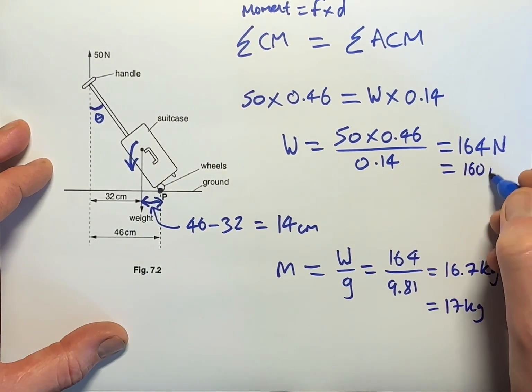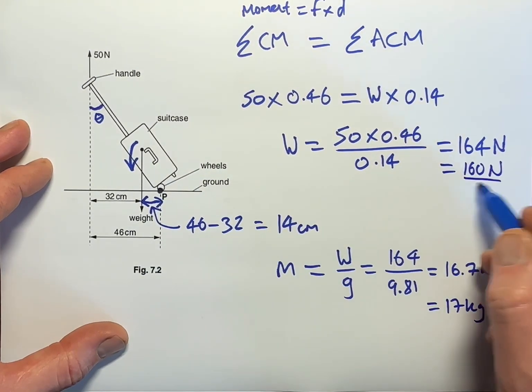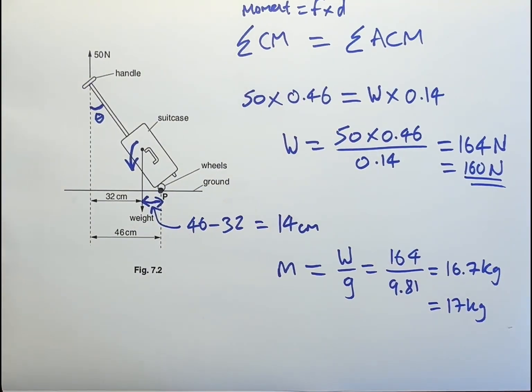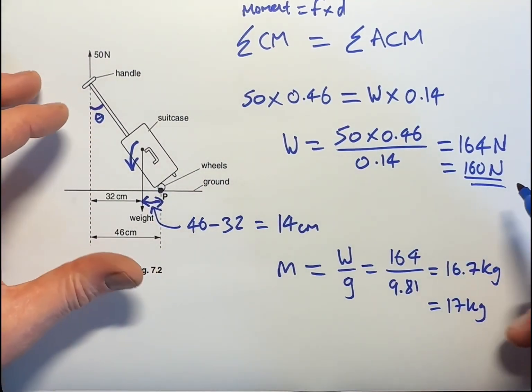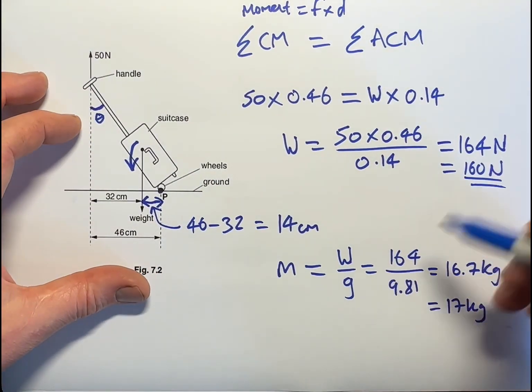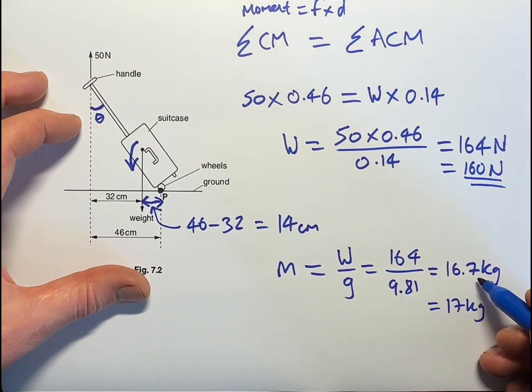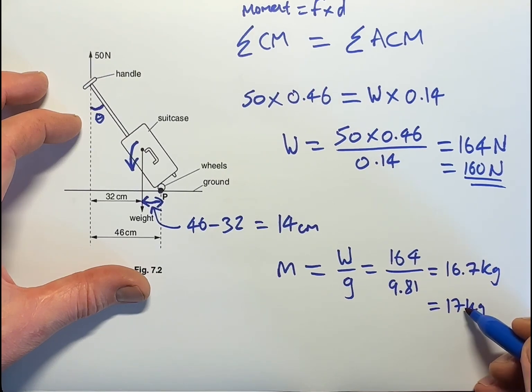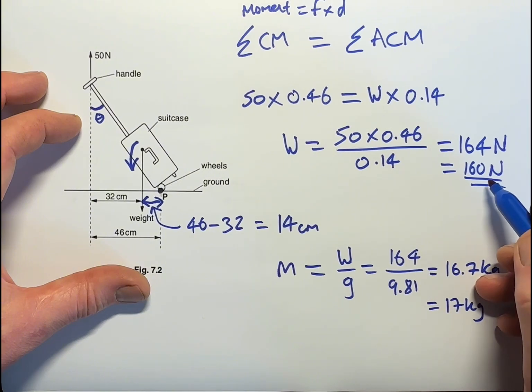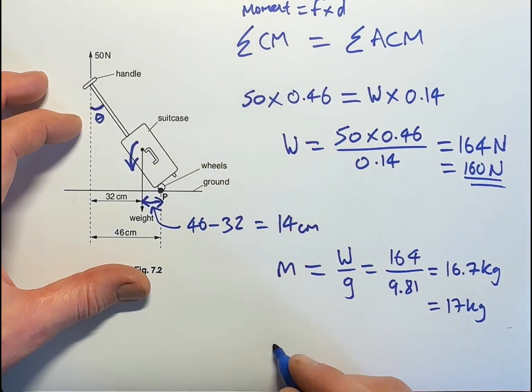All right, so the mark scheme actually says that this is a 3-mark question, and you would get the full 3 marks if you used 164 and worked this out as 16.7, or if you quoted it as 17 kilograms, that would all be fine. If you rounded this to 160 newtons, that's then going to mean that this would change.